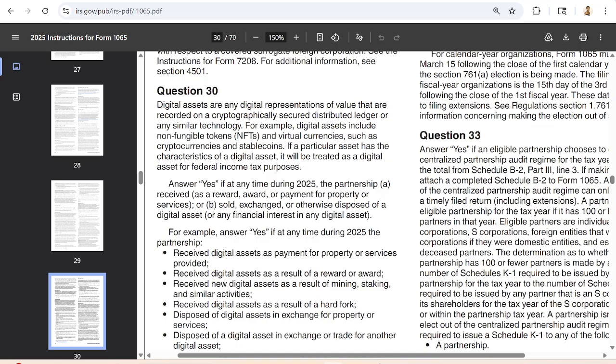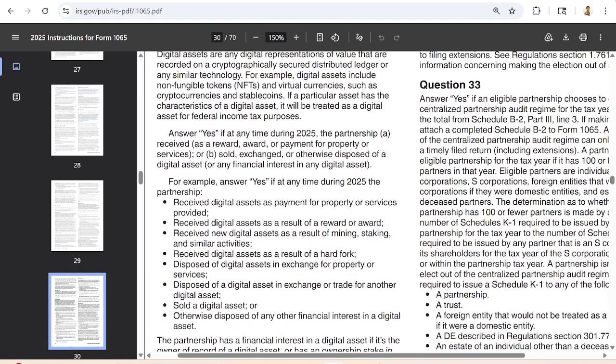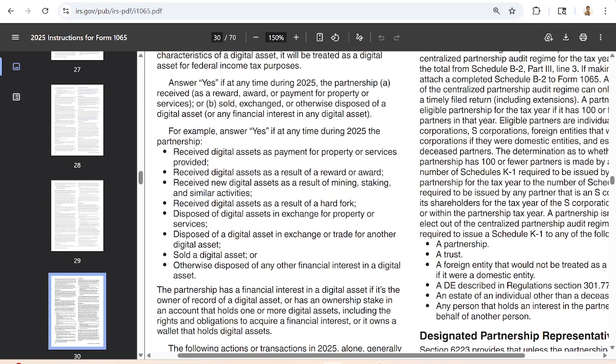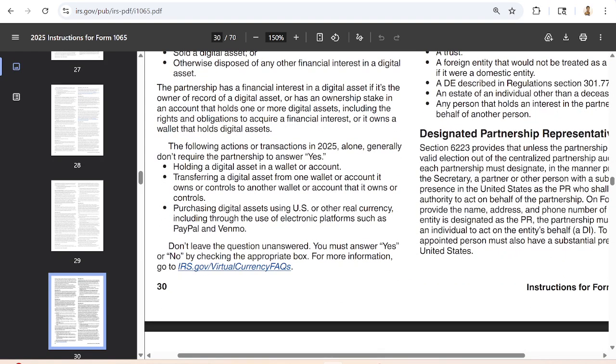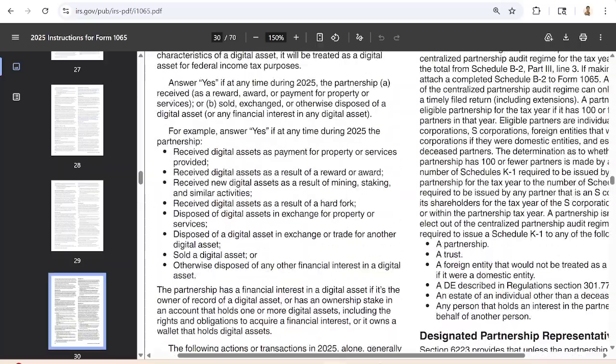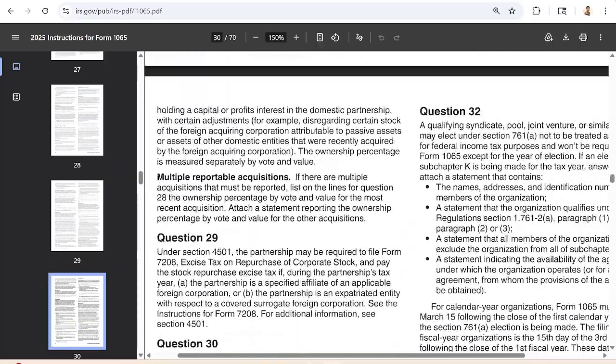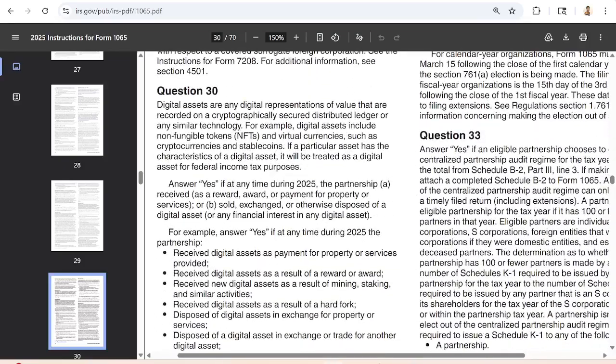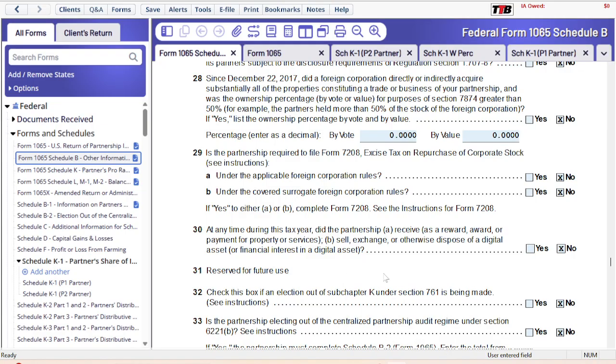Digital currency, virtual currency, if you do business and interact with those, you receive and dispose. That is what that line is about. You can read more about it, and that is just page 30 of the instructions to Form 1065. But we are going to just keep a no.